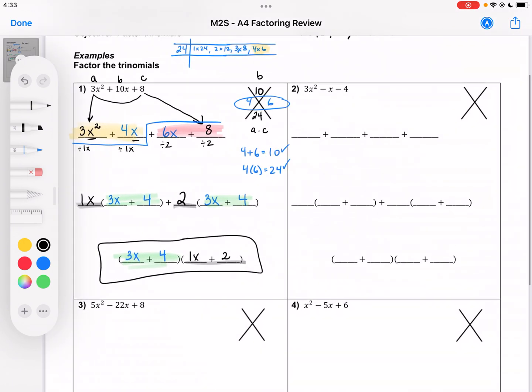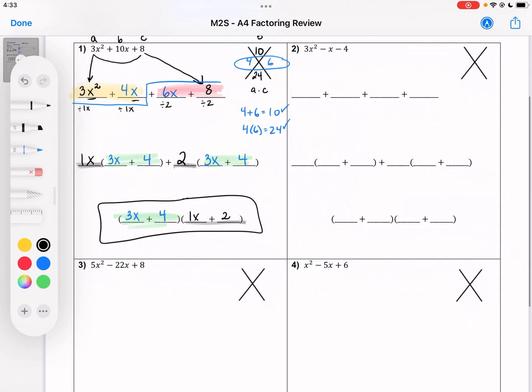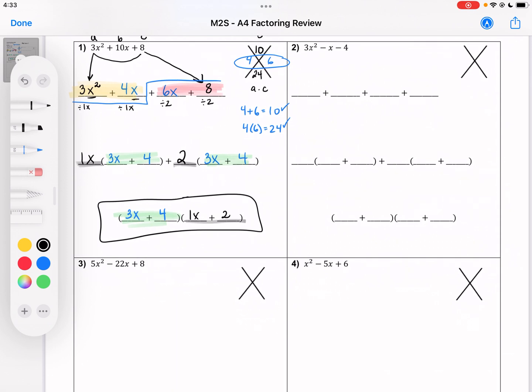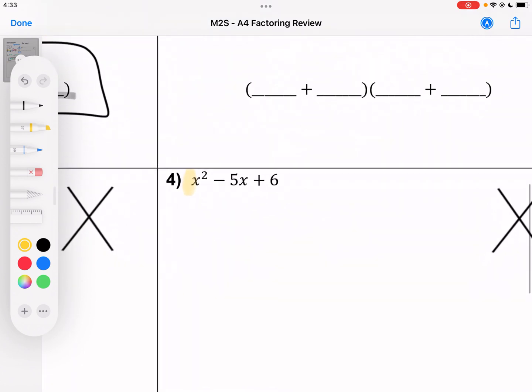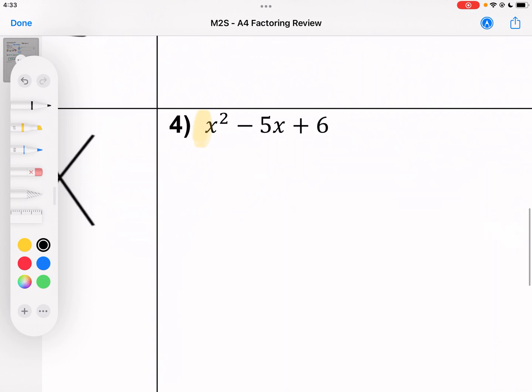So if you look at this whole page, I'm actually going to go out of order for a second. If you look at the whole page, notice, and you have this on your own page as well, for number 2, there's a 3. For number 3, there's a 5. But for number 4, we've got that leading coefficient of 1. So a is 1.